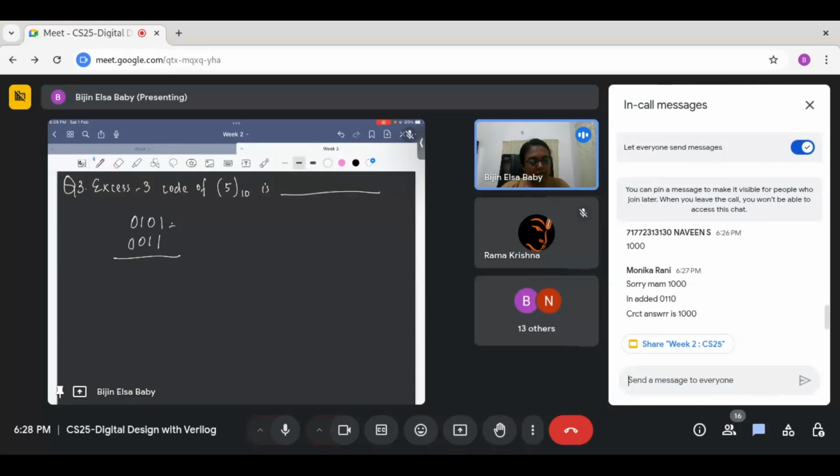So 1 plus 1 is 0, you will have carry 1. 1 plus 1 is 0, again carry 1. 1 plus 1 is 0 with carry, then here it will be 1. So the answer is 1, 0, 0, 0. This is the excess 3 representation.